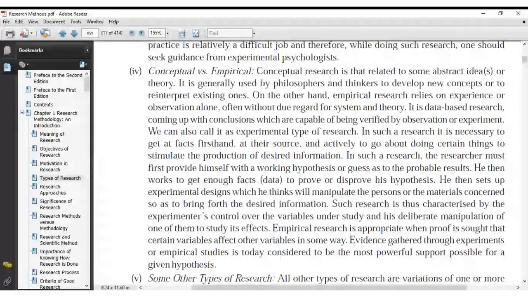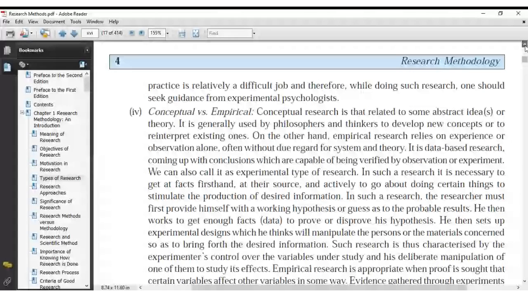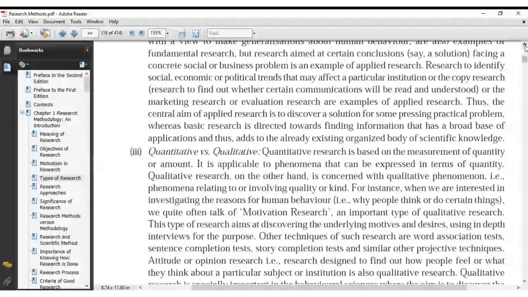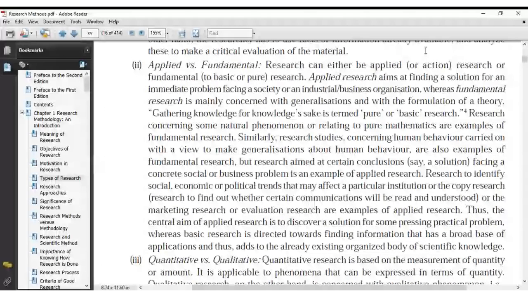I think we had looked at that. Let's see where it is. Yeah, it is. Fundamental research is mainly concerned with generalizations and with the formulation of a theory. So Gishobi Alex, what you have described as fundamental research is descriptive research.